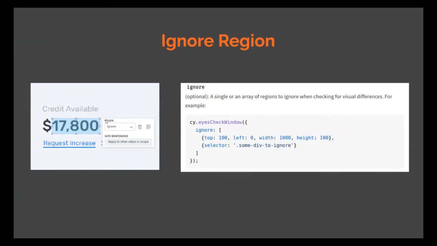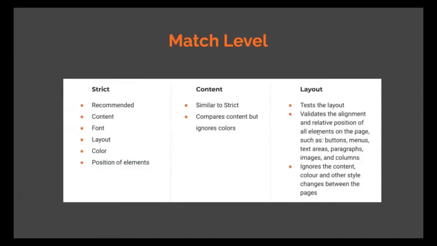You can create these ignore regions either by coding them, where you add a CSS selector or give the position where the ignore region should be, or you can go in the test runner and, using the GUI, just mark the ignore region. The other method is by changing the match level.